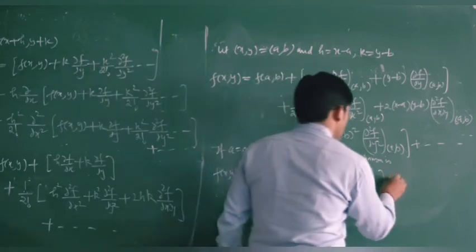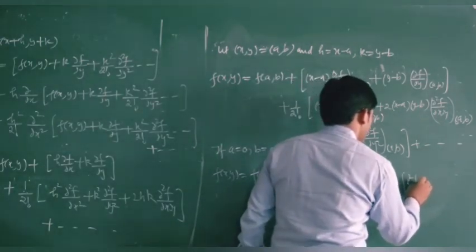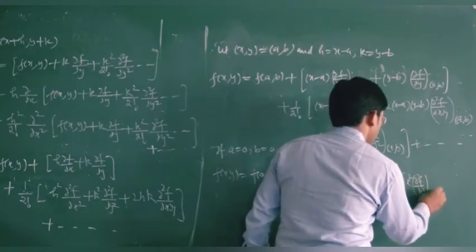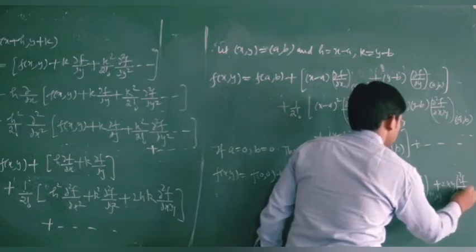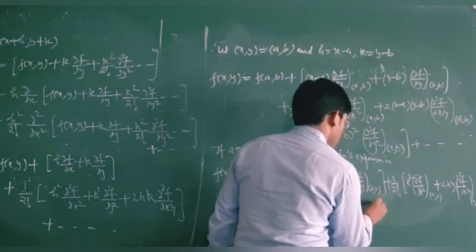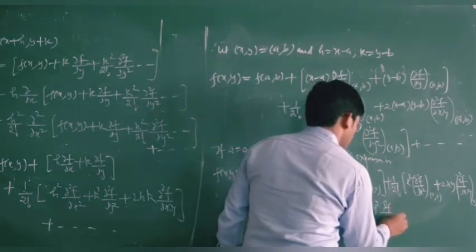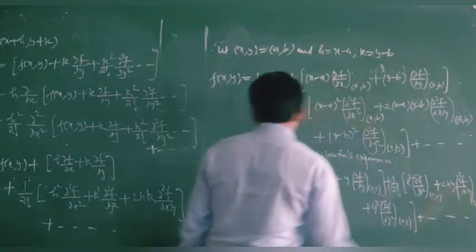Then we will have the double order terms: x square times the double derivative at 0 0, then 2xy del 2 f upon del x del y at 0 0 plus y square del 2 f upon del y2 at 0 0, and then the remaining terms.